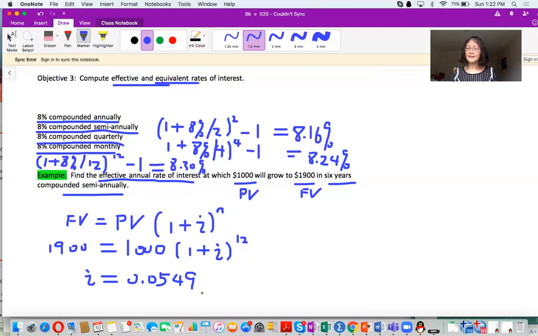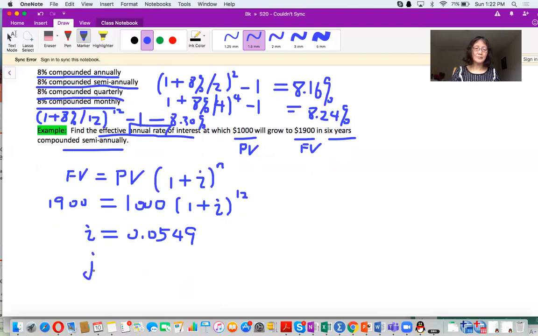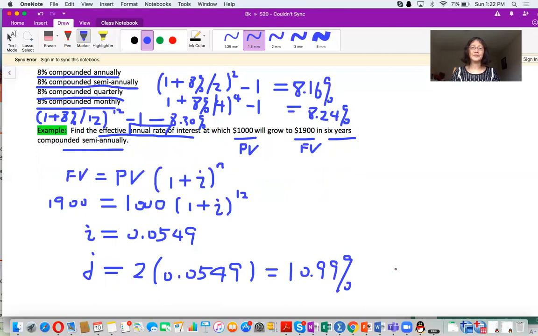But this interest is every half year. The question asks for the annual rate, so you have to multiply by 2. Equal to 2 multiplied by 0.0549, that is the annual rate. It is 10.99%.